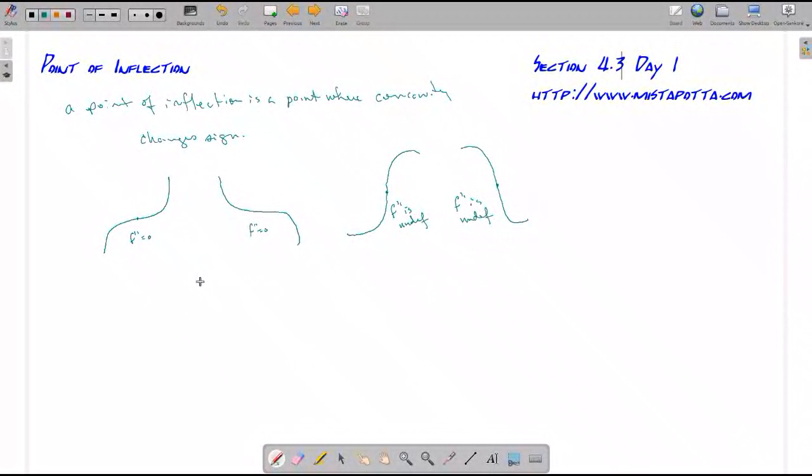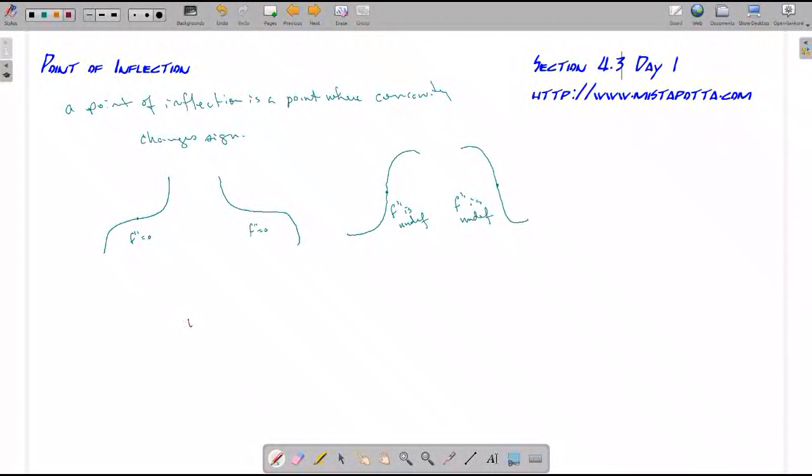So I'm going to look for situations where my second derivative is either 0 or undefined. But just because my second derivative is 0 or undefined, that doesn't guarantee that I'm going to have a point of inflection.